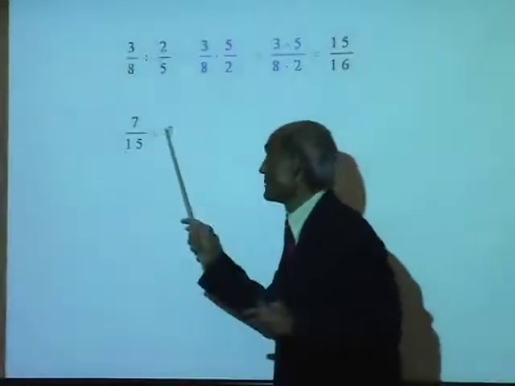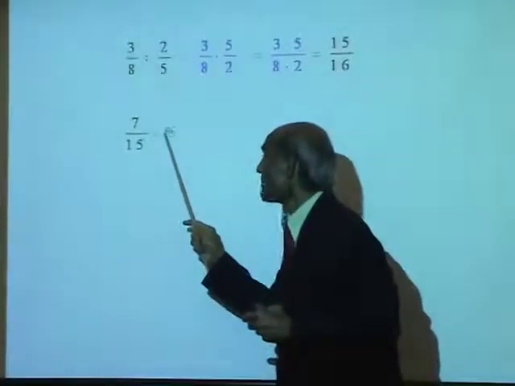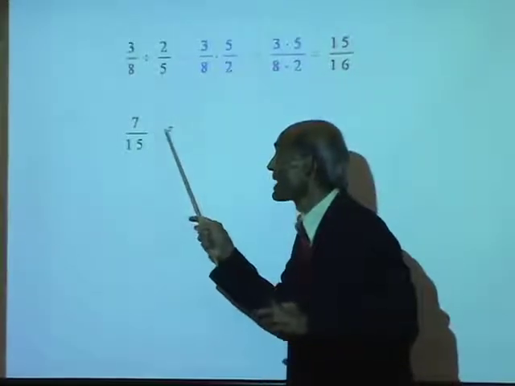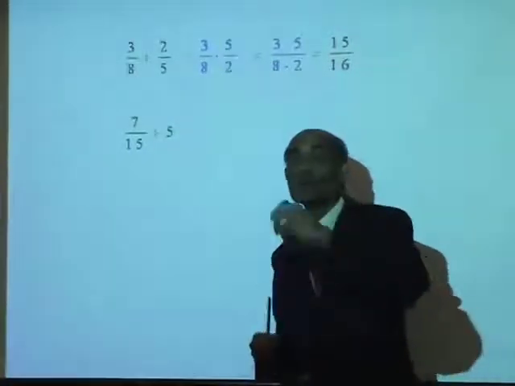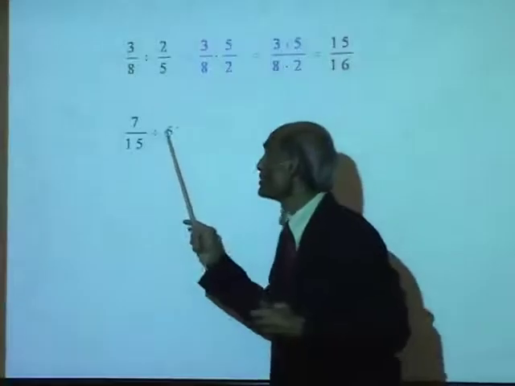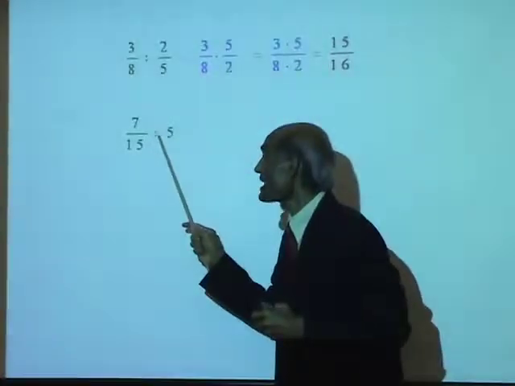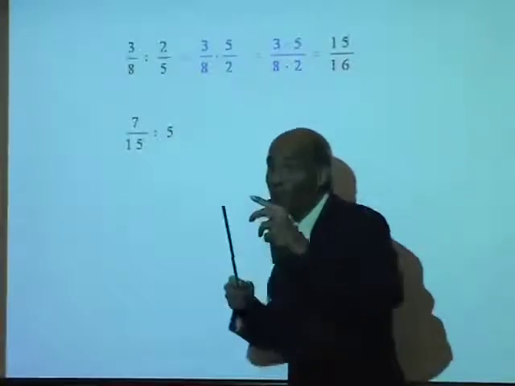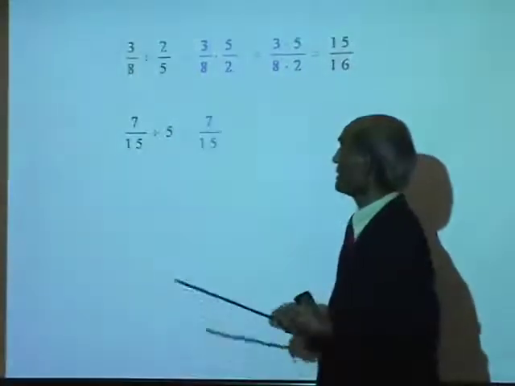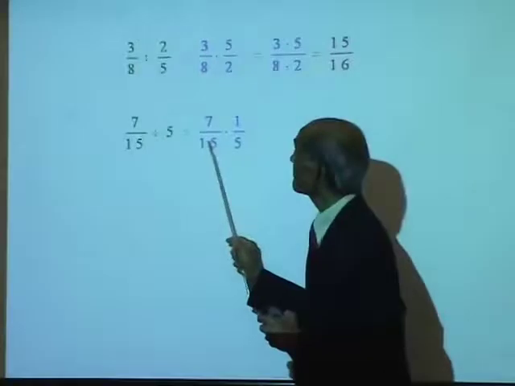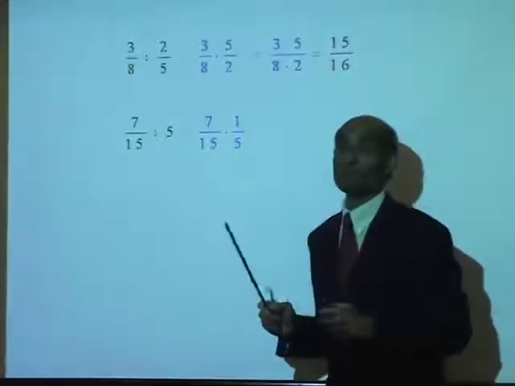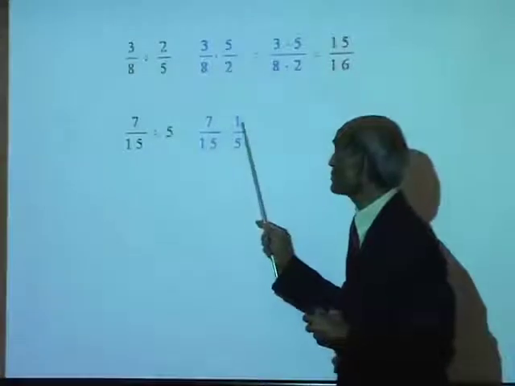Well, dividing by a number is the same as multiplying by its reciprocal. So in this case, you can change this division sign to a multiplication. And then this 5 will become 1 over 5. So this will be 7 over 15 times 1 over 5. Alright, now multiply the numerator.